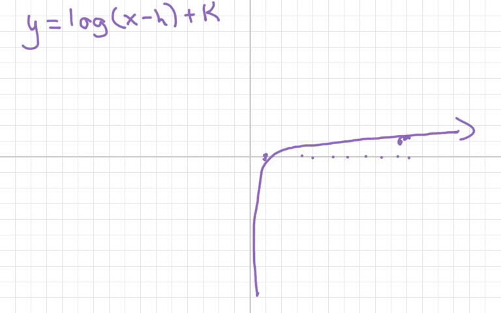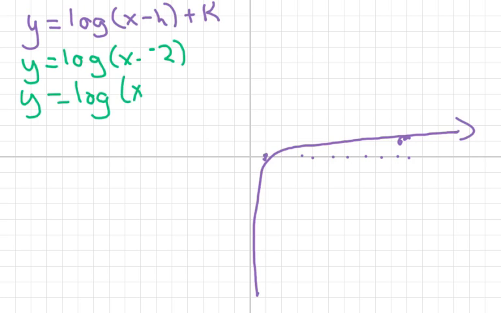And let's go ahead and shift this to the left this time. So to the left would be log of (x minus negative 2), let's shift it over by 2. Which is really y equals log of (x plus 2). That means it's to the left. So I'm just going to take these points and go to the left by 2.